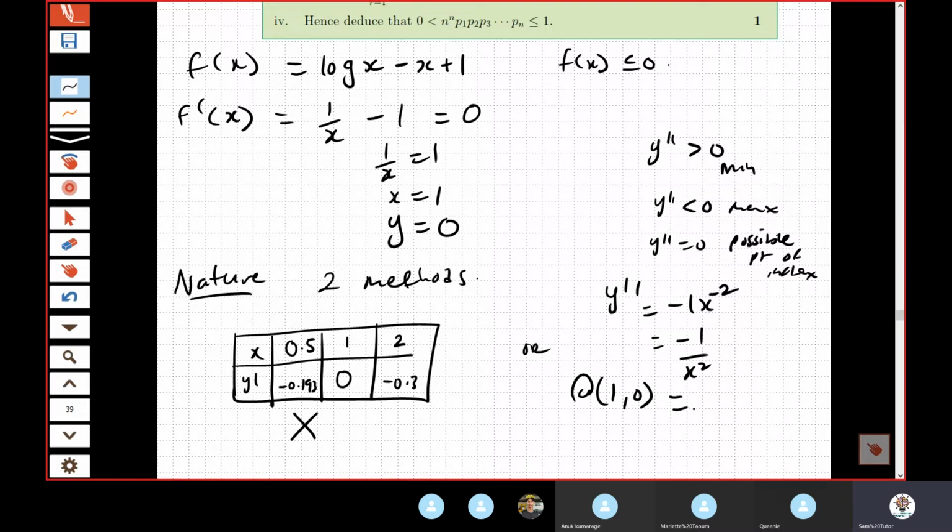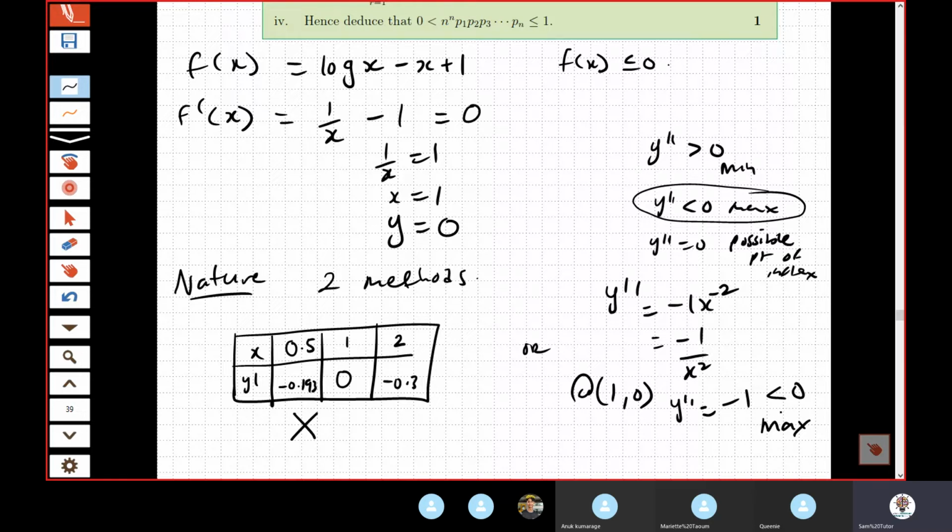What does y double dash equal to? So sub in x is 1 in here. You obviously get y double dash is negative 1, which means what now? It's less than 0, which we can conclude is a maximum turning point.